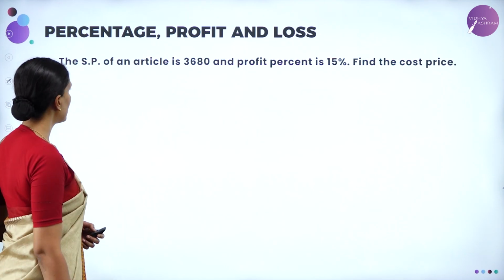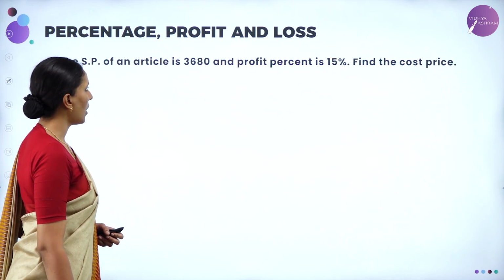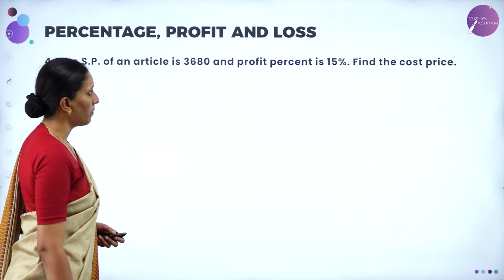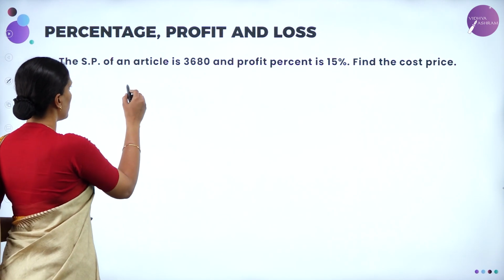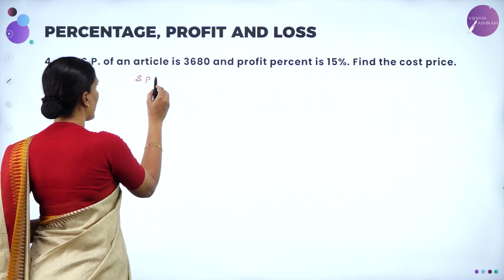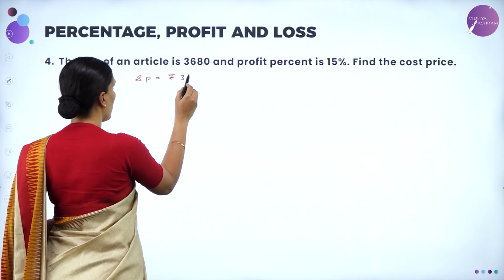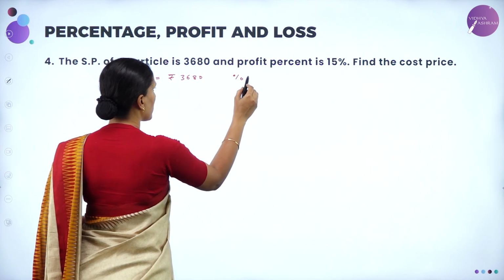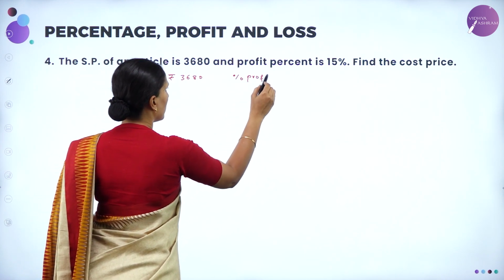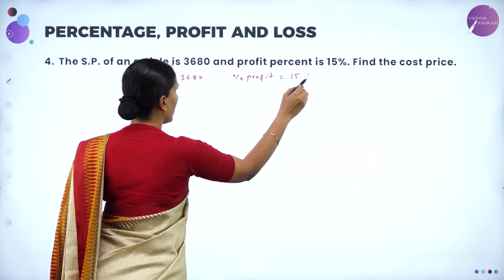Next question. The selling price of an article is 3,680 and the profit percentage is 15%. Find the cost price. They have given the selling price of an article as rupees 3,680 and percentage profit equal to 15%.